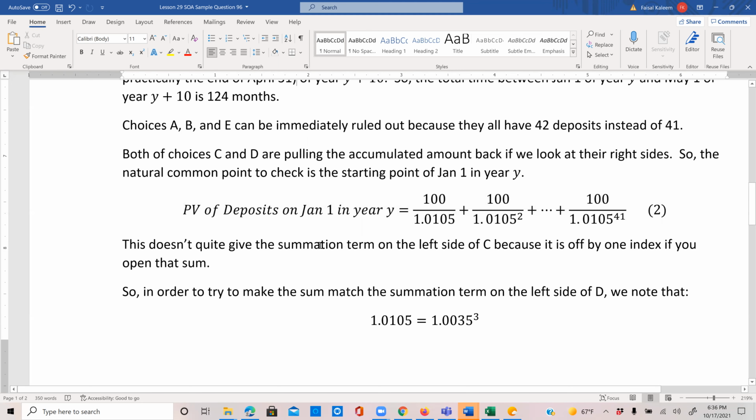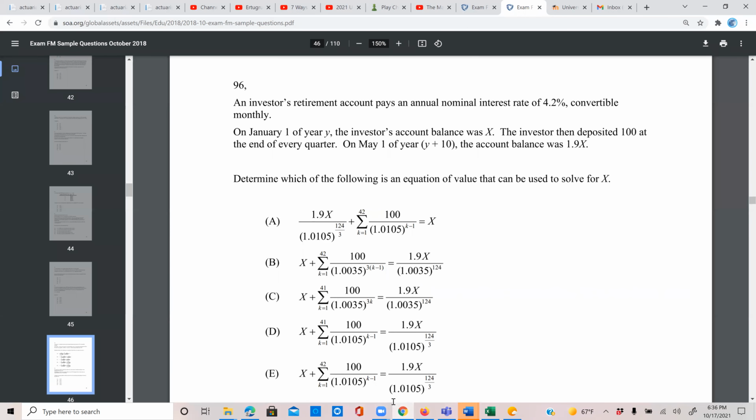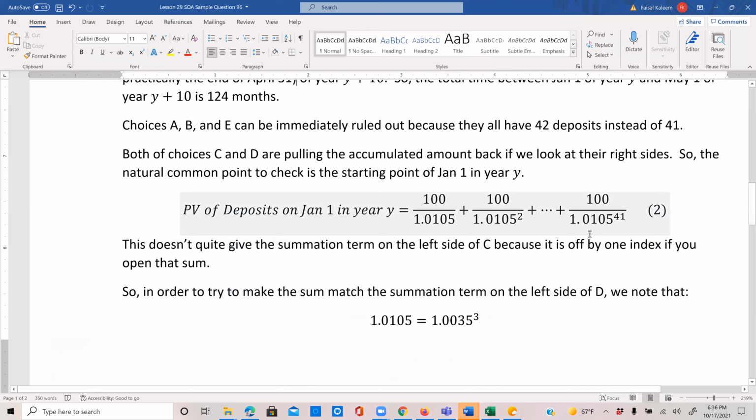And now this isn't quite the summation term on the left-hand side. First of all, we have a different interest rate going on, 1.0035, and also the powers are 3K. Whereas here, if you write it as a summation, you would write it as power K, with K going from 1 to 41.